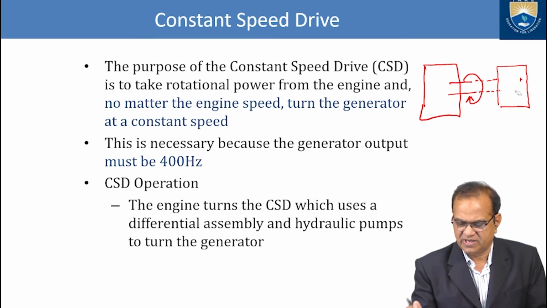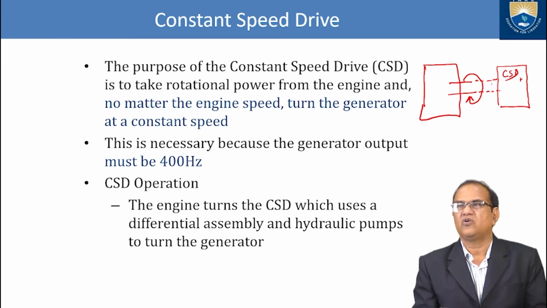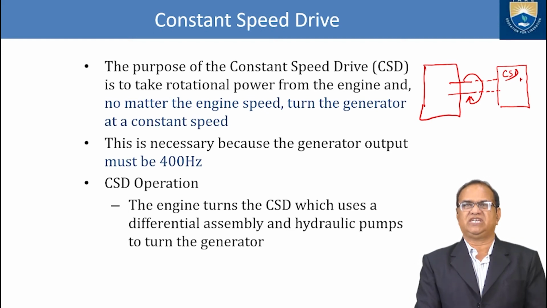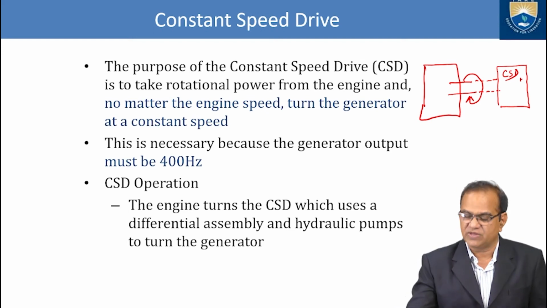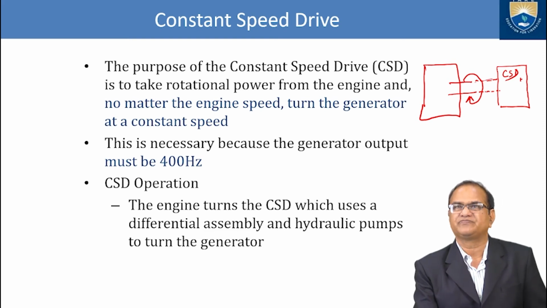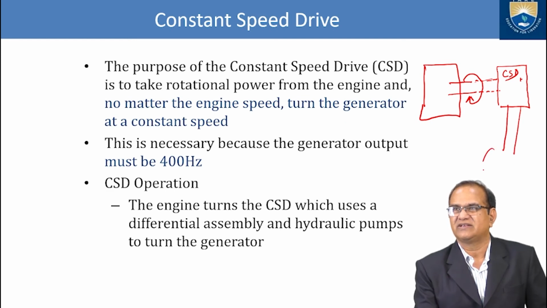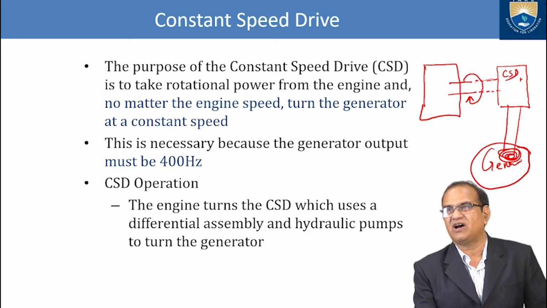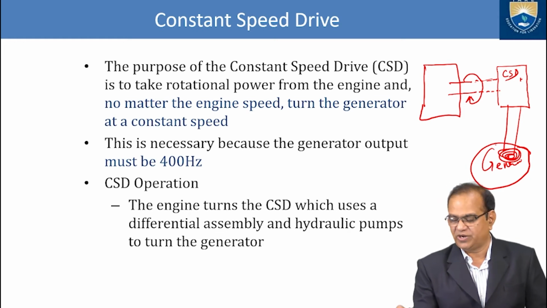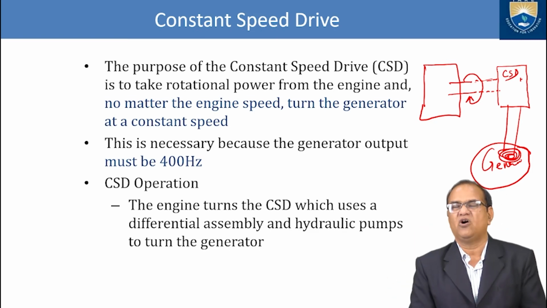This CSD takes rotational power from the engine, and no matter the engine speed, turns the generator at a constant speed. If suppose here is the generator, called G, it will rotate at a constant, given speed. Whatever the speed of the engine, your generator will rotate at a constant speed. So this is how the CSD works.